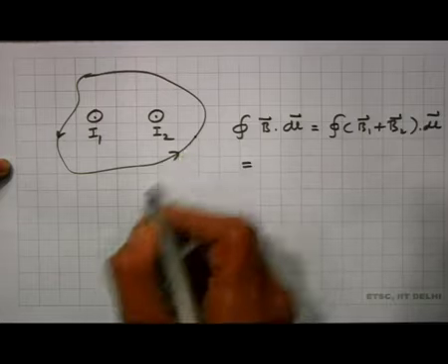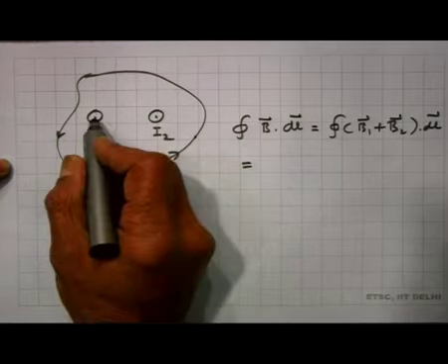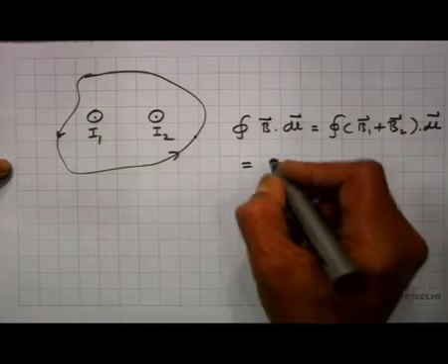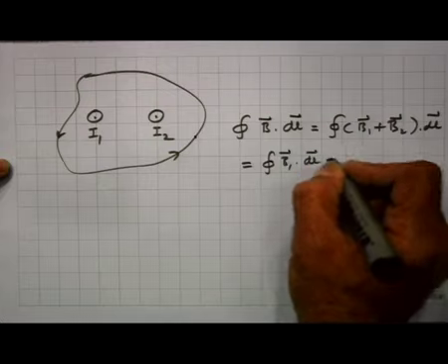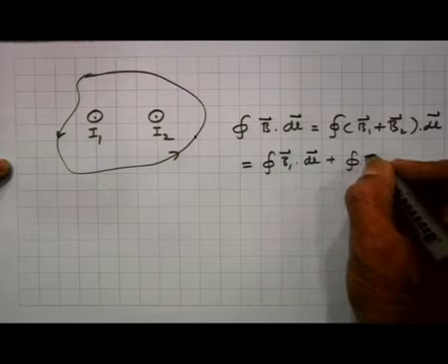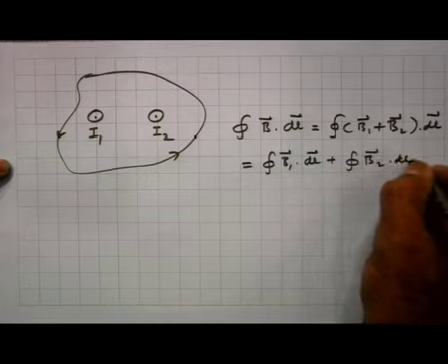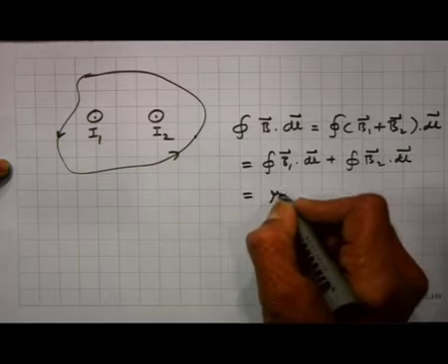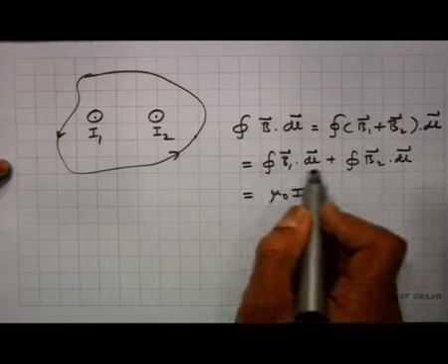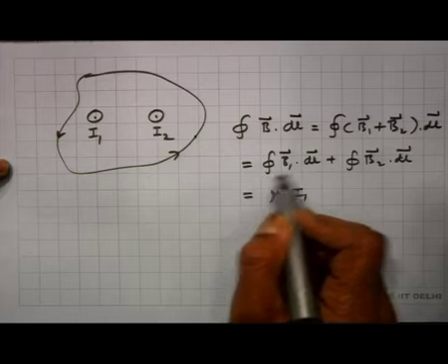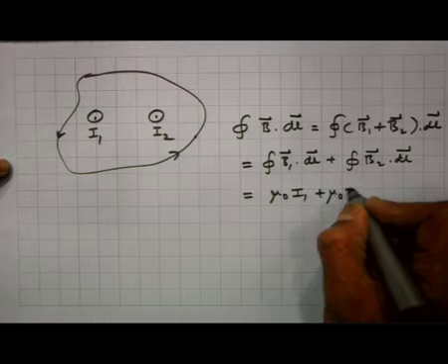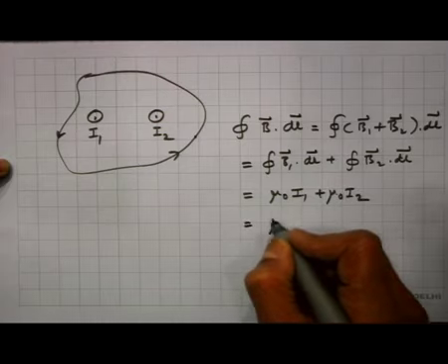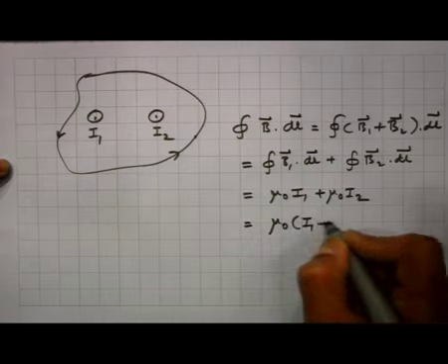So, the total magnetic field at any point is the sum of the magnetic field because of I 1 and magnetic field because of I 2. So, this is nothing but integral B 1 dot dl plus integral B 2 dot dl, and this is equal to mu naught times the current carried by conductor 1 plus mu naught times I 2. So, this is nothing but mu naught times I 1 plus I 2.